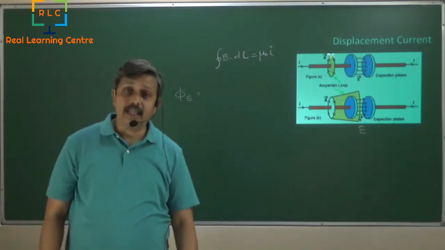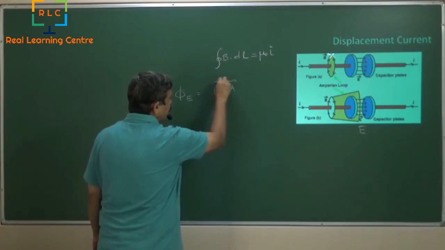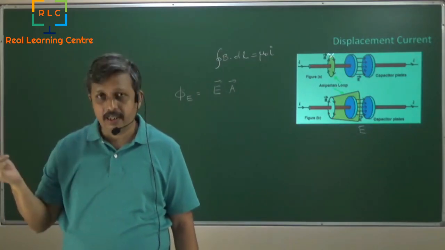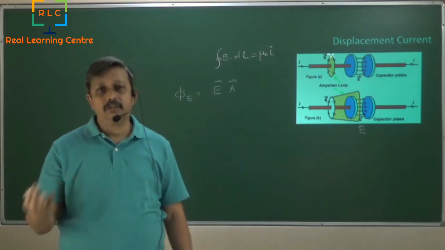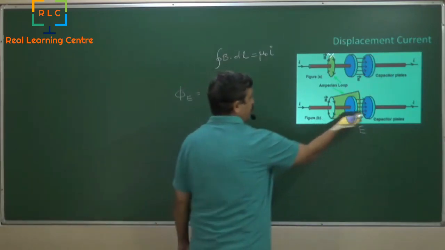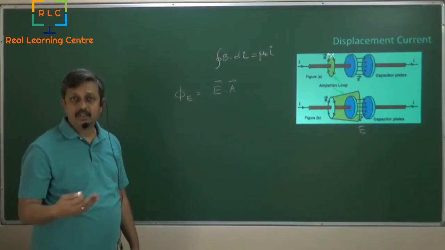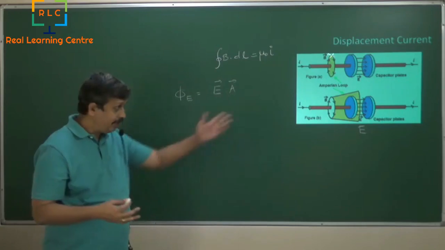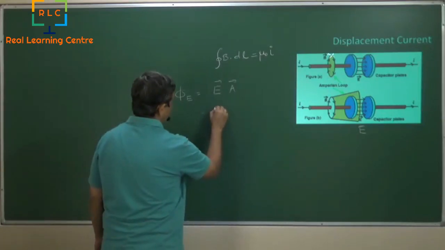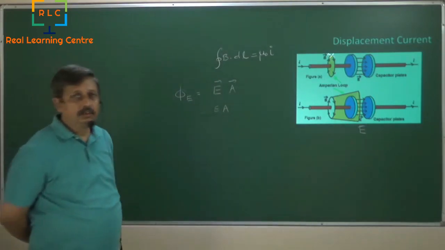So electric flux inside will be equal to electric field dot A. Like in magnetic field we used to say phi is equal to B dot A, even electric flux is E dot A. However, since it is perpendicular to the surface, the angle between the area vector and the E is 0. So cos 0 happens to be 1. So we simply can say EA. Cos 0 basically.